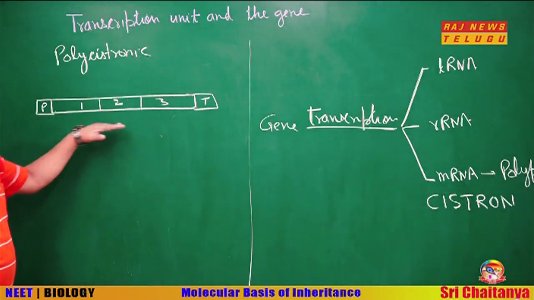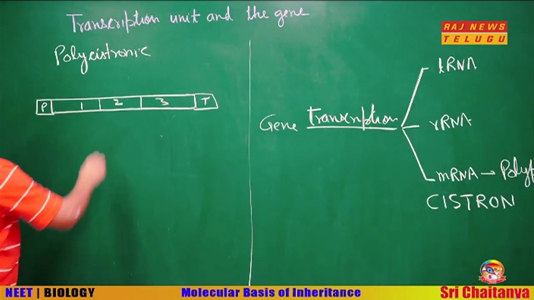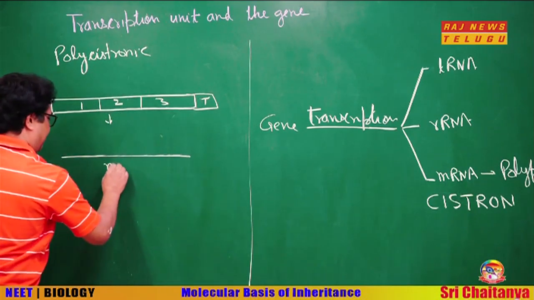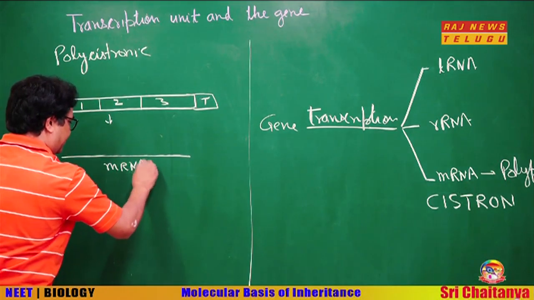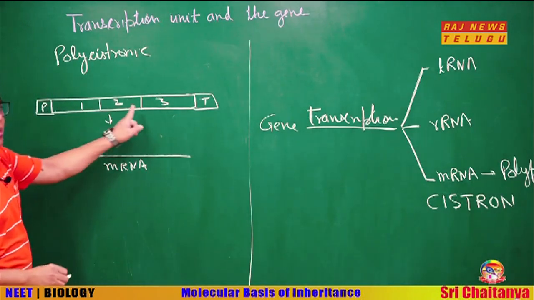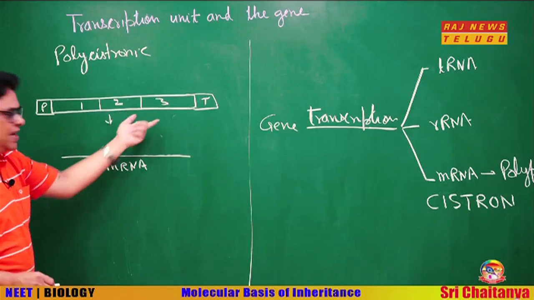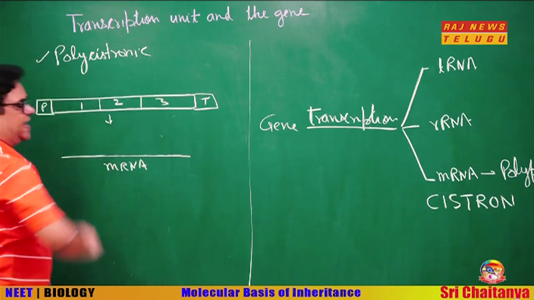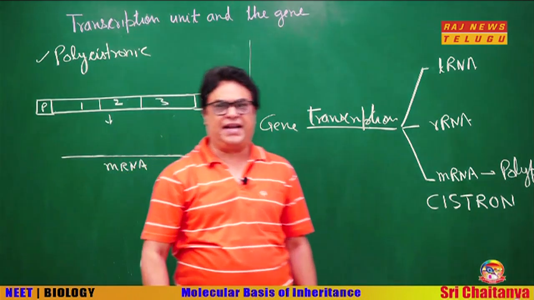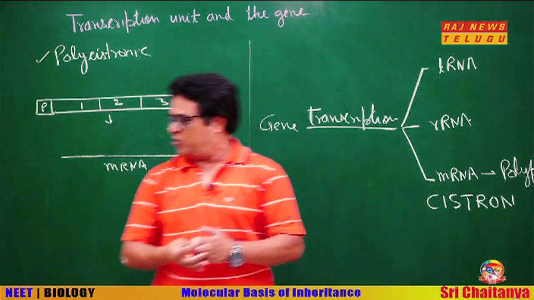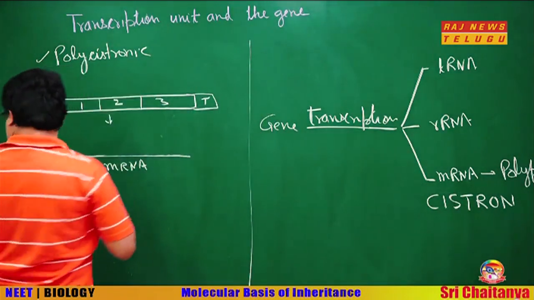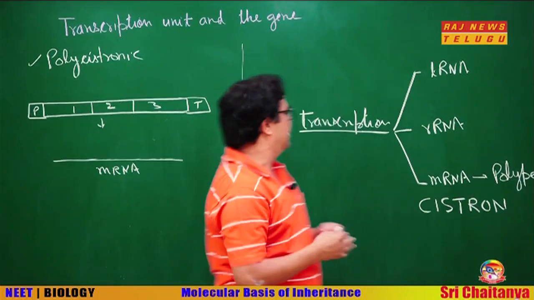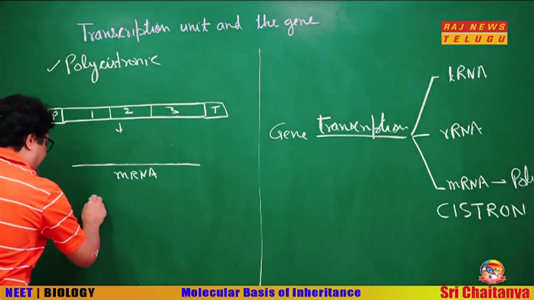So, when transcription takes place, the mRNA that is produced is the product of more than one cistron. You can see here, it is the product of more than one cistron. Such mRNA is called polycistronic mRNA because it is a common product of more than one cistron. This is generally found in prokaryotes or bacteria.